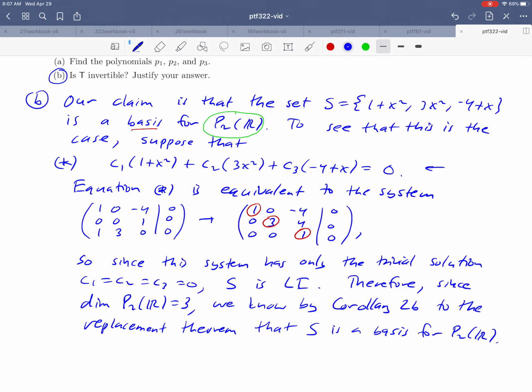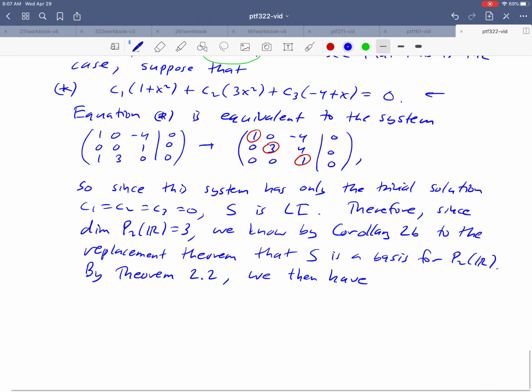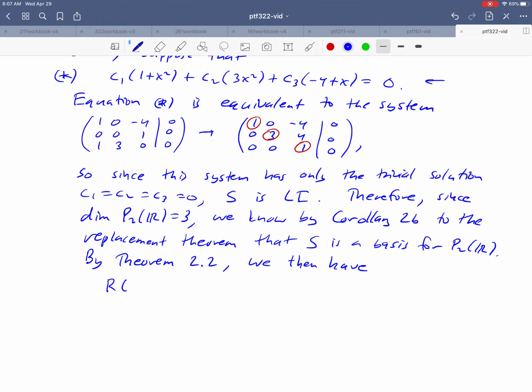Like I said, there are different ways to the end of this, but knowing that this is a basis is a huge piece of information if we find the right theorem. Turns out that theorem 2.2 fits really nicely here. You can look back at your theorem sheet and see what that's saying. Theorem 2.2 gives us a way of calculating the range in terms of the span of, in our case, T of beta prime.